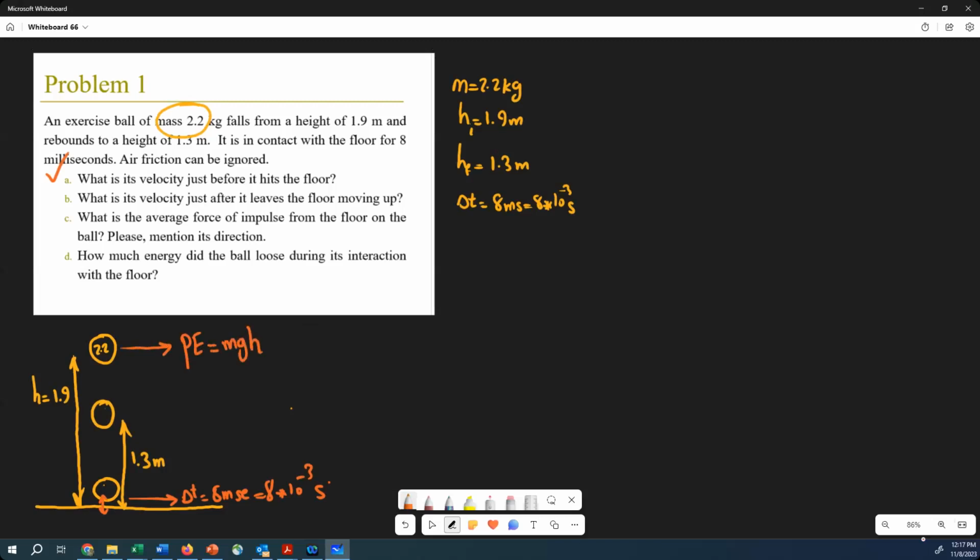When it's about to hit the ground, because we would like to see at what velocity it hits the ground, we can use the kinetic energy here to find the velocity. Here, when it's about to reach the ground, it has kinetic energy, no potential energy.